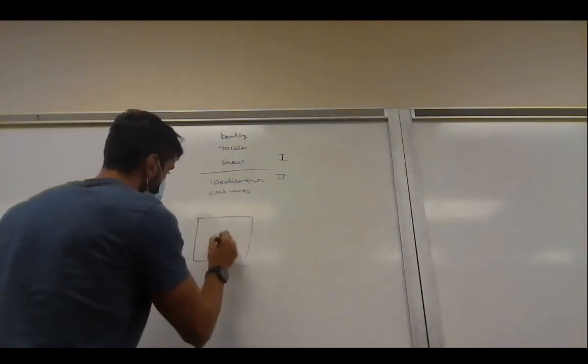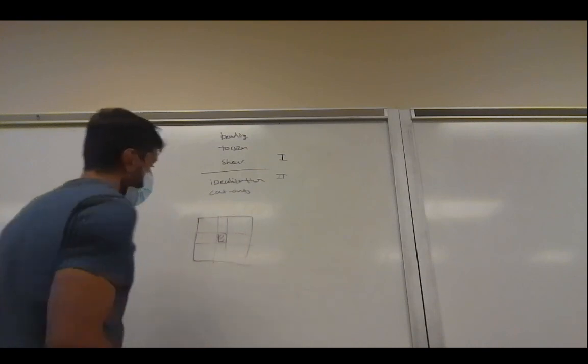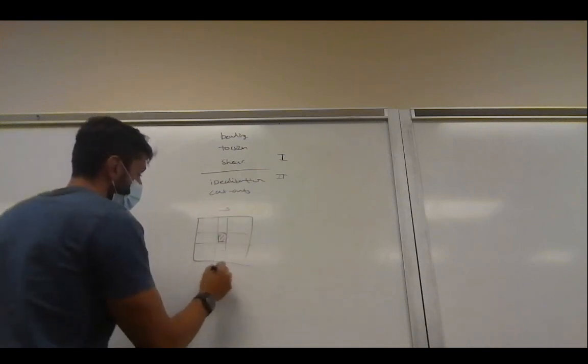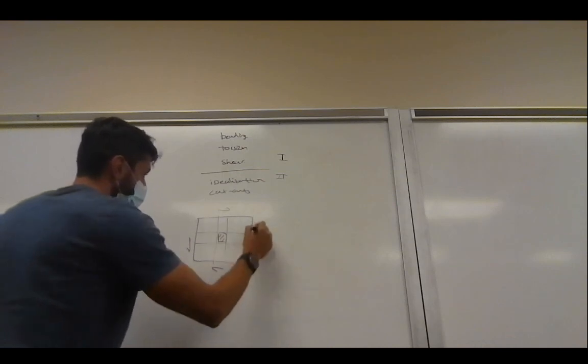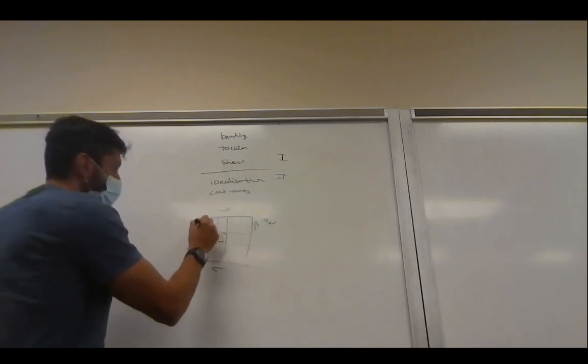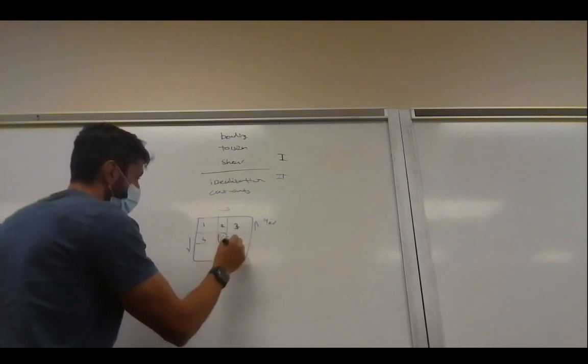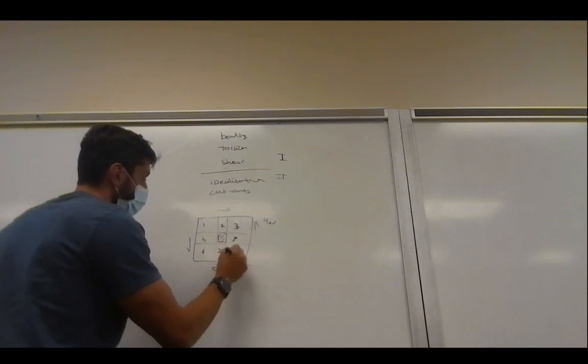Say if this is missing, using the average shear flows at the end, what the effect is of the shear flows in the corresponding panels 1, 2, 3, 4, 5, 6, 7, and 8.